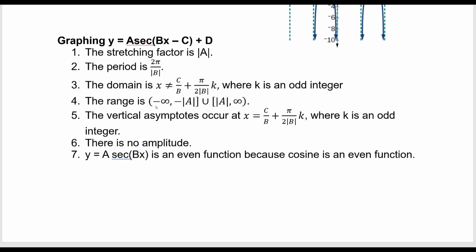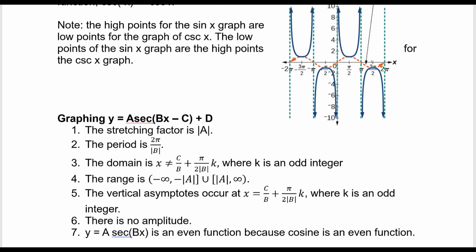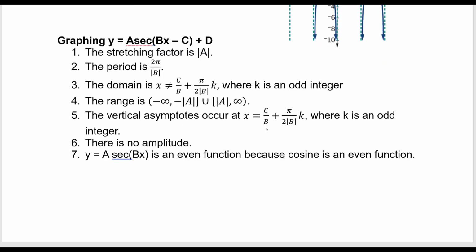Our range goes from negative infinity up to negative absolute value of a, then from absolute value of a to infinity. You see there's this boundary in the middle that it's not going to meet up, so we have a gap in the range of a secant and a cosecant function.